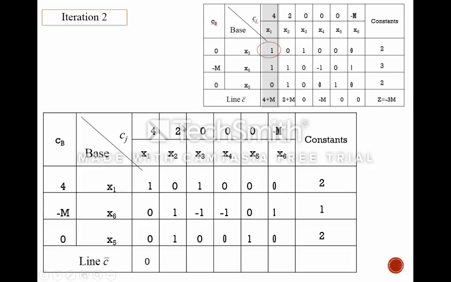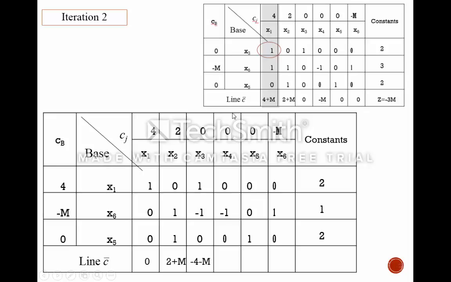The second is 2 minus m times 0, minus m times 1, minus 0 times 1, and the result is 2 plus m. The third is 0 minus 4 times 1, minus m times minus 1, minus 0 times 0, and we get the result minus 4 minus m.